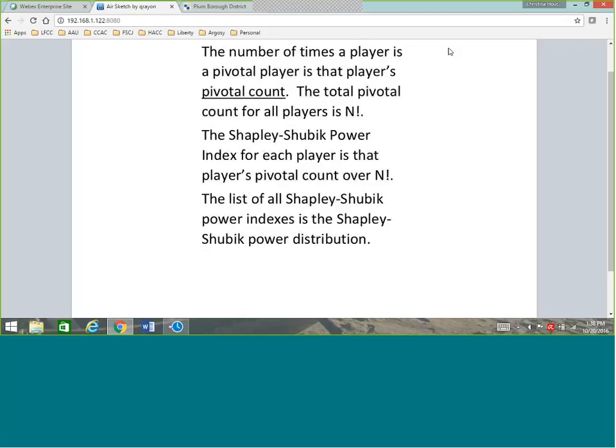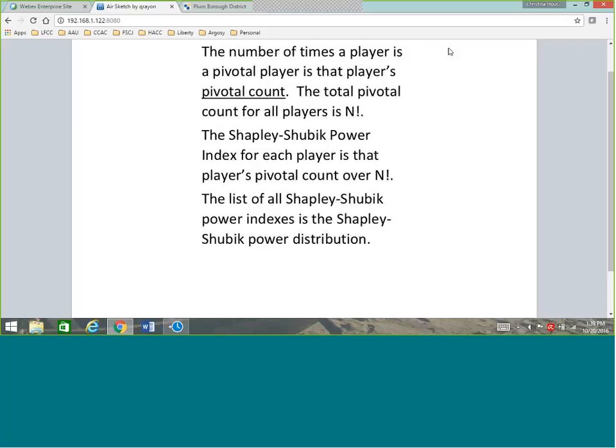The number of times a player is a pivotal player is that player's pivotal count. That's why we're underlining them, because when we're all done, you go back and look at everything that you have underlined, and you're going to add how many times was player 1 underlined, how many times was player 2 underlined, and so forth.